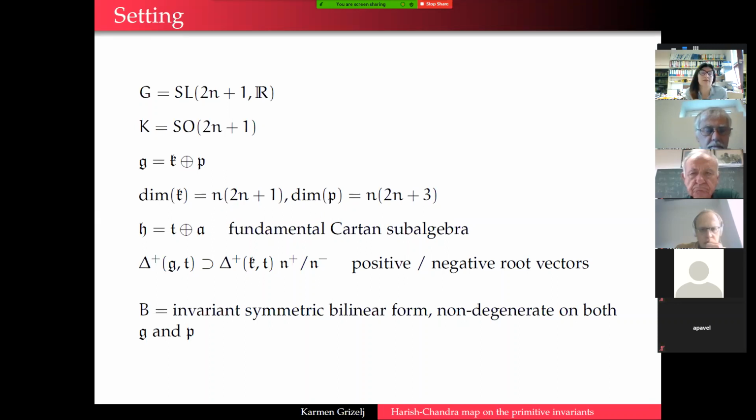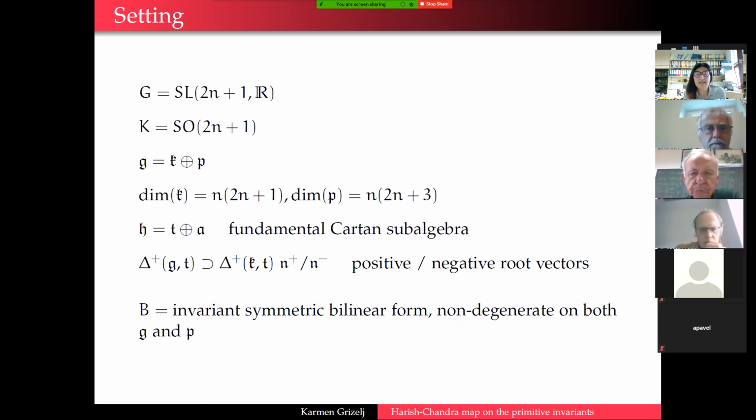Now I can say why we are looking at SL odd and not SL even. In the case of SL odd, once you choose your positive roots for K, your positive roots for the whole G, or in other words for the P part, are already uniquely determined, which wouldn't be the case in SL even.